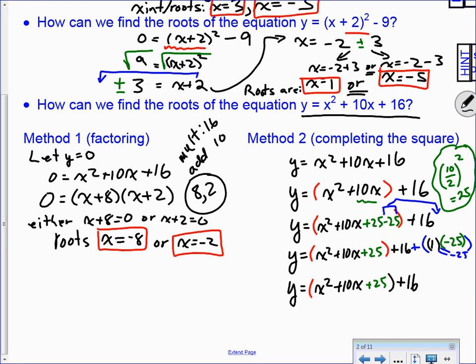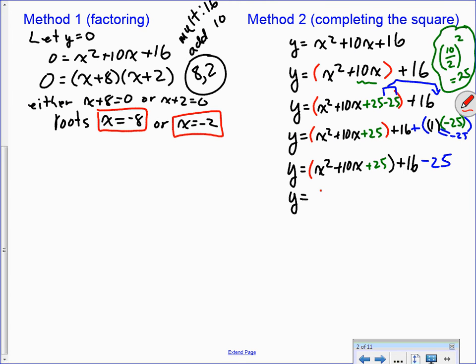So 16 minus 25. And we complete the square with y is equal to, in brackets, all of this is squared. And so we end up with x plus 5 in our bracket. And then we have 16 minus 25, which is negative 9.